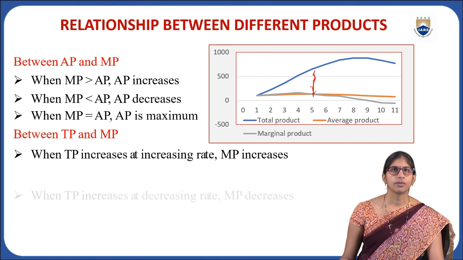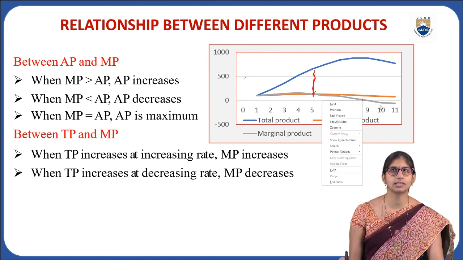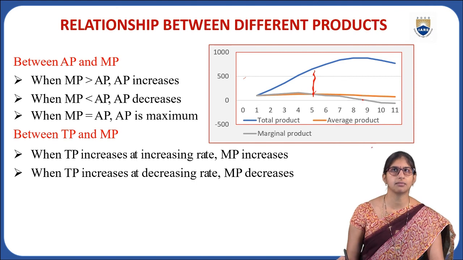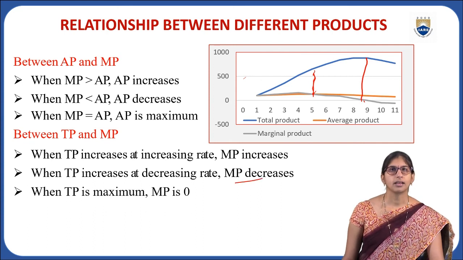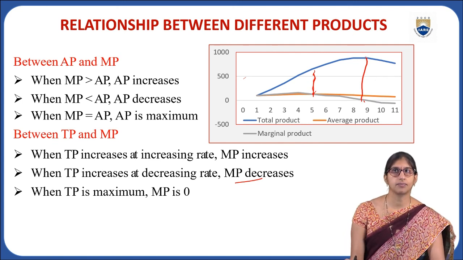Okay. And now when the total product is increasing at a decreasing rate, this is the point where the marginal product curve cuts the x-axis, that is, it has become 0. From this point we can draw a line like this. Here the total product is increasing, but marginal product decreases. And when the total product is maximum, our marginal product is 0, right?